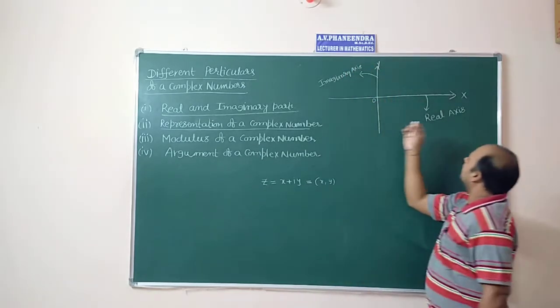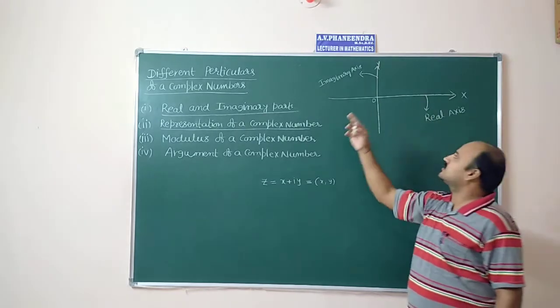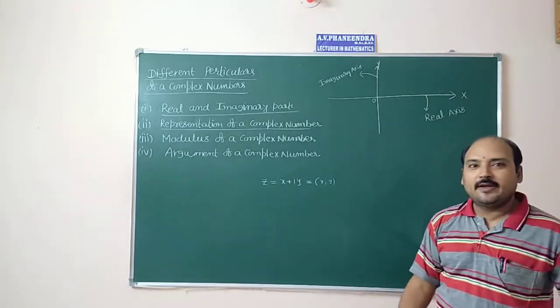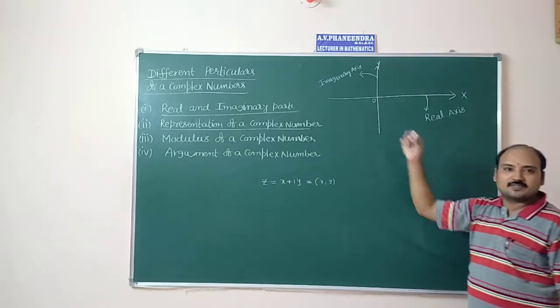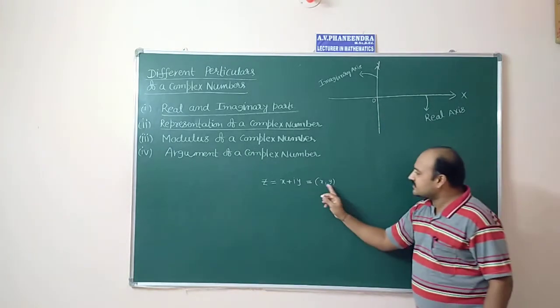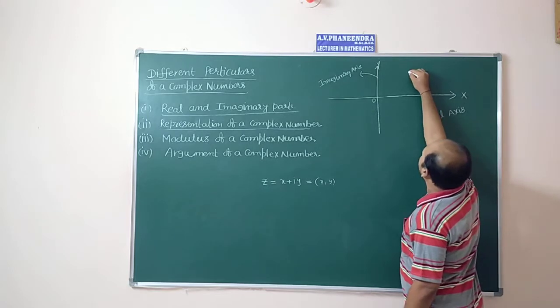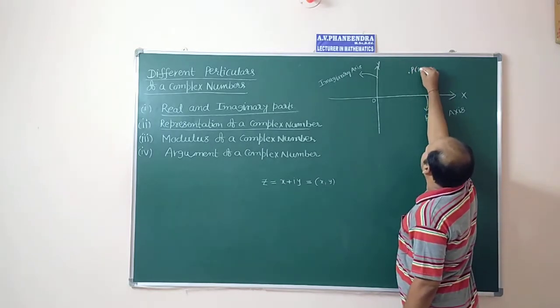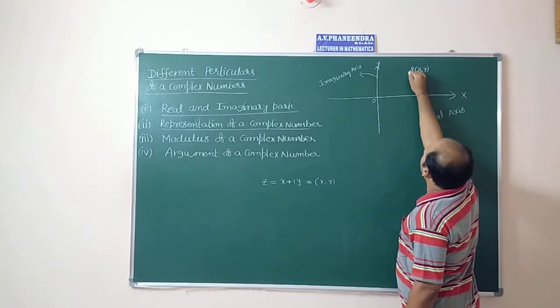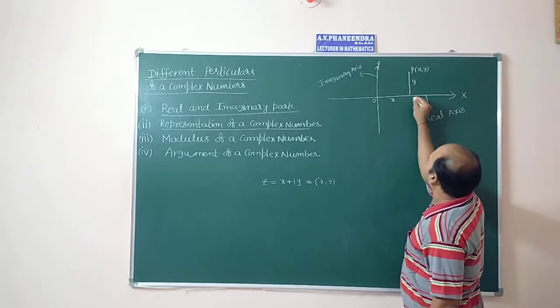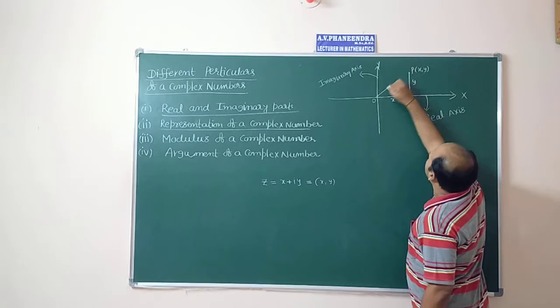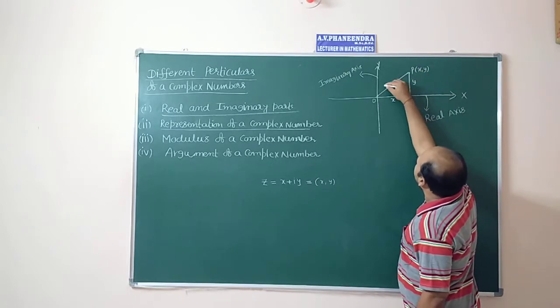Now, the real axis and imaginary axis, including the origin, is called the complex plane. Generally, x comma y we can represent in the plane. P of x comma y, we know that from here to here the distance is y, from here to here the distance is x. Join like this, it is a right angle triangle.